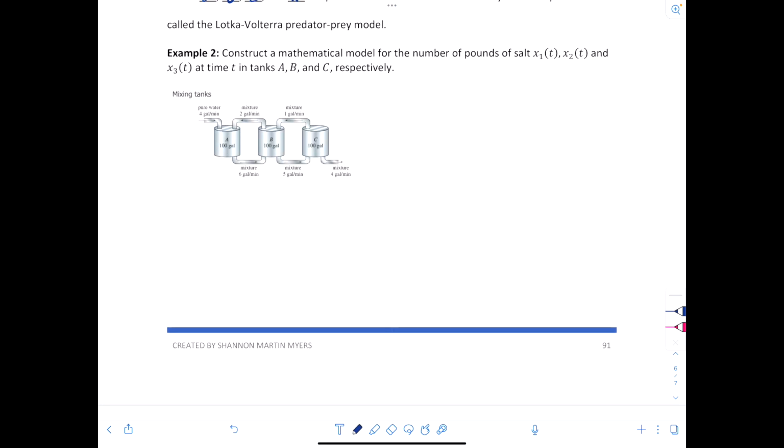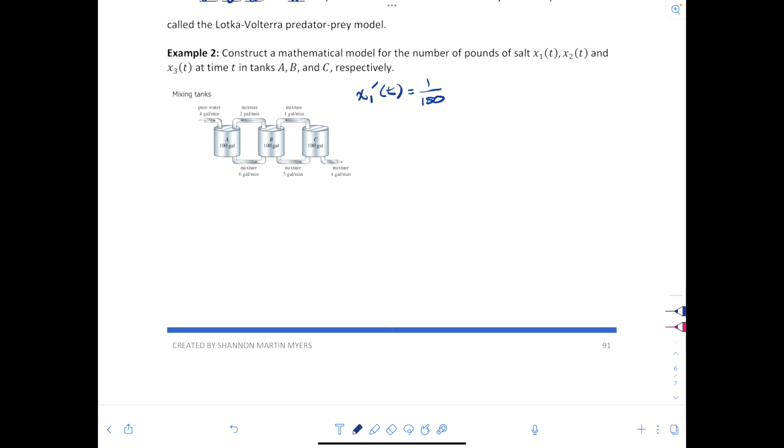If we look at x1 prime at t, that's going to be equal to, so we're looking at what's coming into tank A and leaving tank A, right? So we've got 1/100th because A is a 100-gallon tank, times what's coming in.